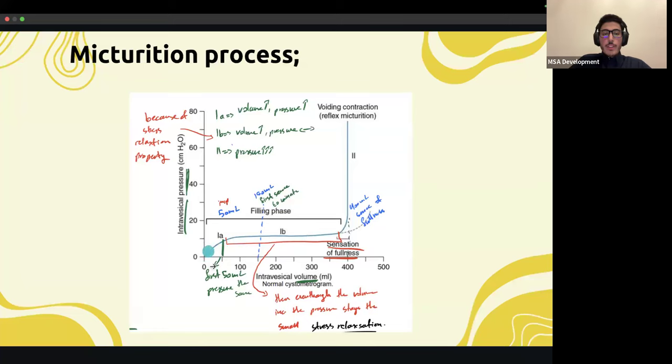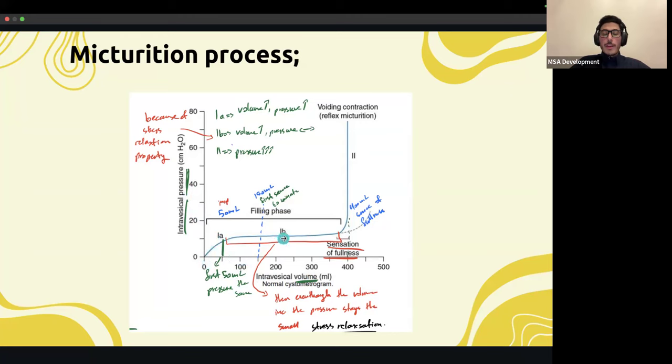Segment 1A represents the increase in pressure and the increase in volume, as this is the first 50 milliliters, where the urine that has been added fills the bladder, so the pressure increases. So towards point 1A, there's an increase in both volume and pressure.